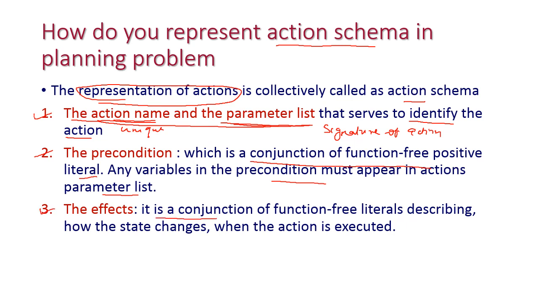A conjunction of function-free literals describes how the state changes when the action is executed. That is, after executing the action, how the state will change comes under effect. So in the action schema, we need to represent the action name and parameter list, next the precondition, and third the effect.